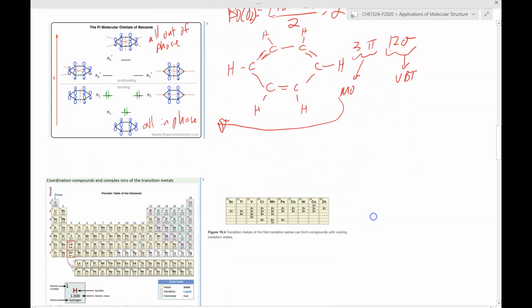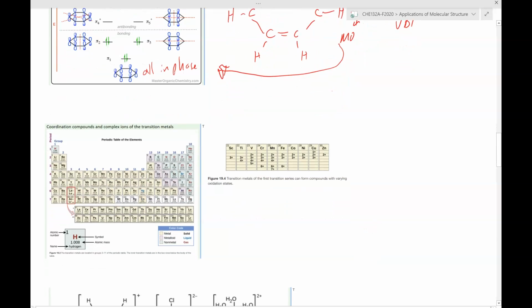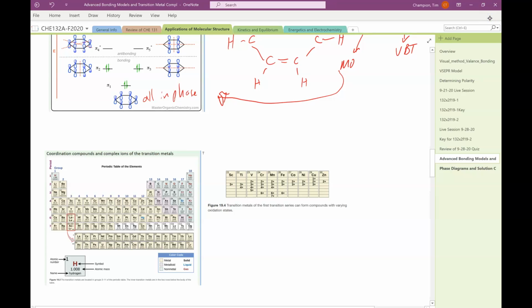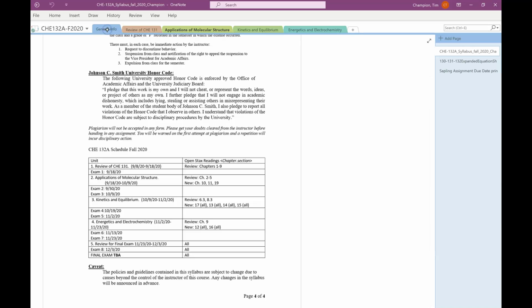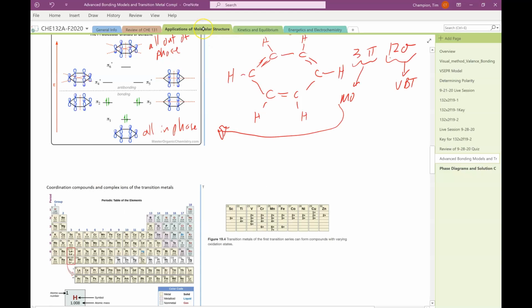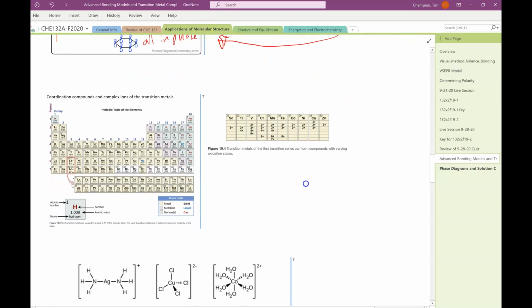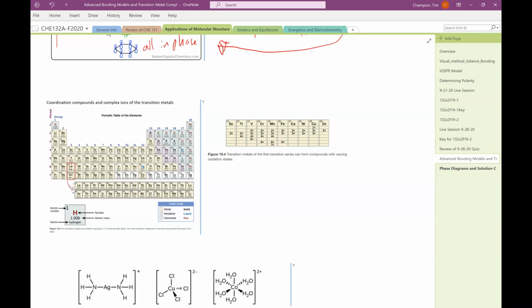So I want to briefly talk about coordination compounds and complex ions, and chapter 19 is where we are with that. This is something that is, I think, about the only chance you're going to get to hear about this in your education, so I did want to mention this.